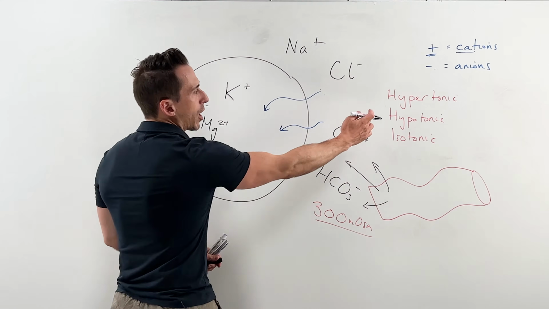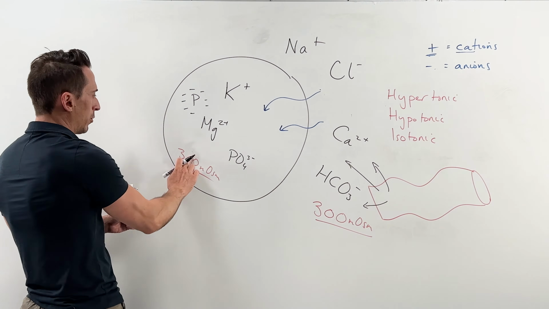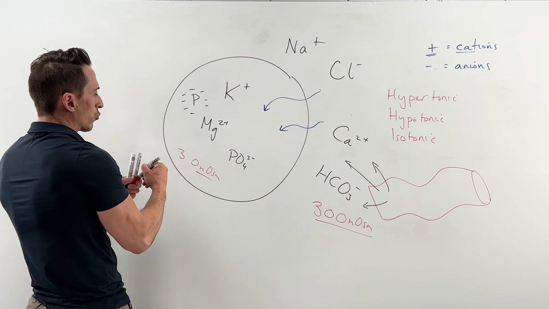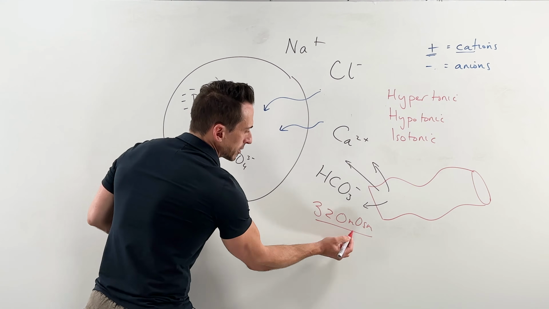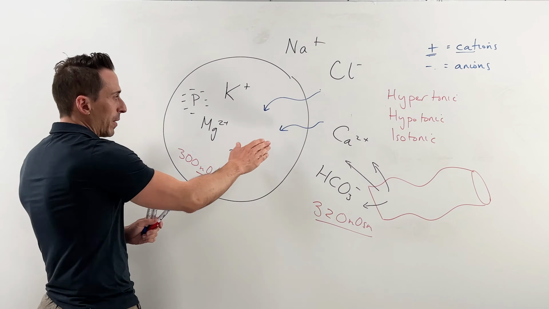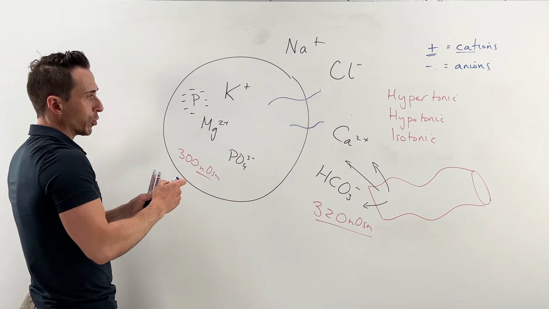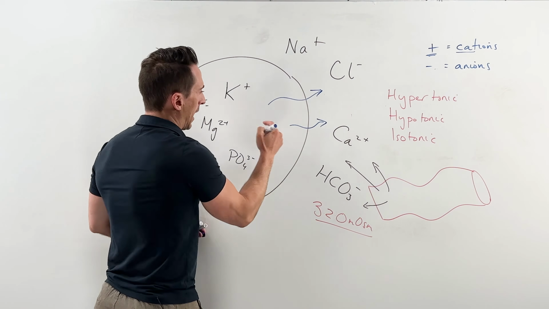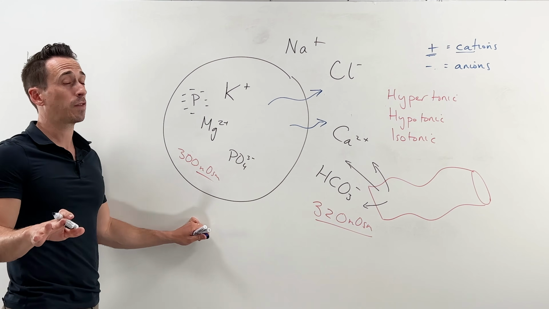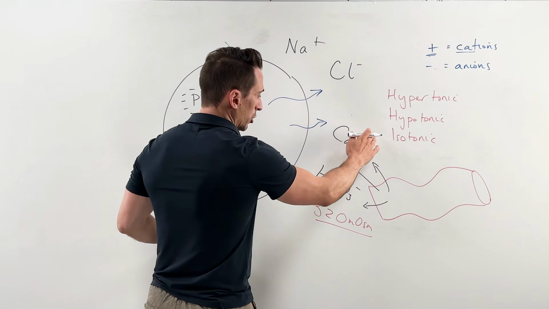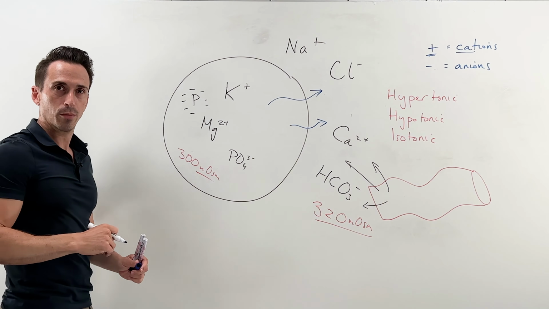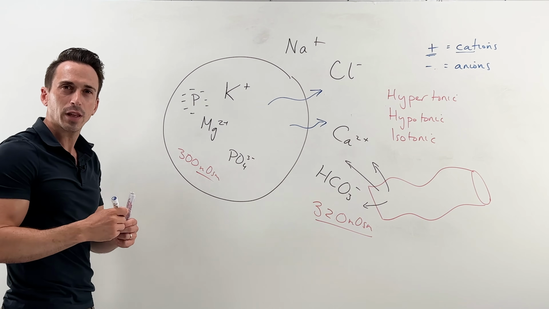And so if that's a hypertonic solution, for example, it means it's going to be greater than around about 300 milliosmoles. Again, let's say 320. That means, like we said earlier, water will move out of the cell and dehydrate it. That's not good for cellular function. If you ingest a hypotonic solution, the opposite will occur. Does that make sense? Hopefully it does.